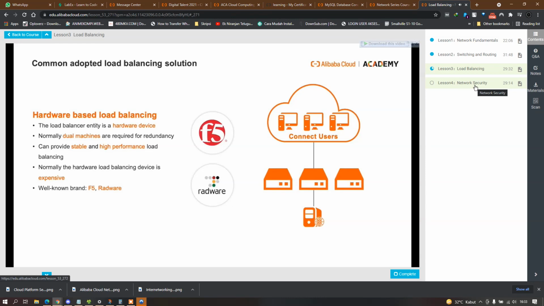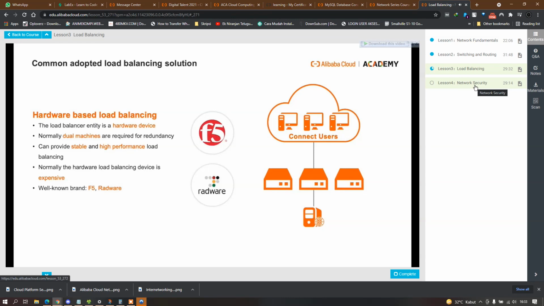This is compared with some other open source software-based load balancing solutions. Hardware load balancing is normally very expensive.